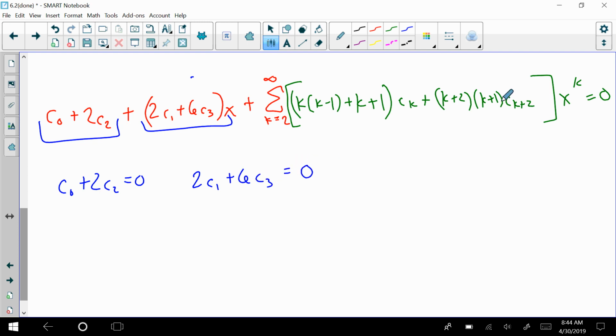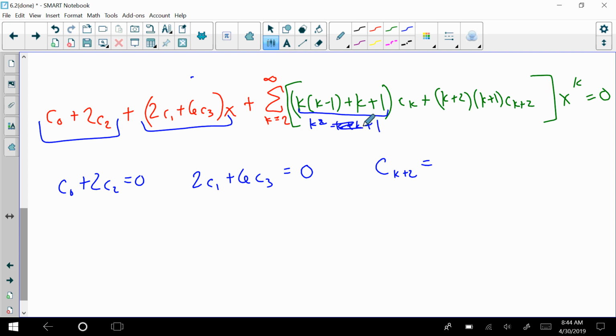And finally, I know this whole jazz here, there's no x to the k sitting over here, so this is also going to have to equal 0. And I don't want to have to write this a bunch of times, so I'm going to divide as I go. So this would be c sub k plus 2 equals, well, I'd move this stuff across, and I think maybe it makes sense to write k squared minus k plus 1.